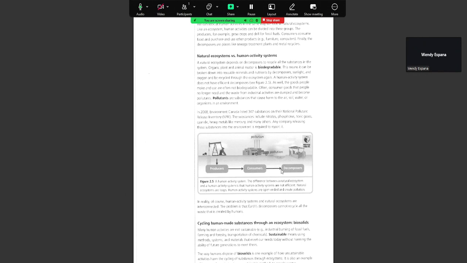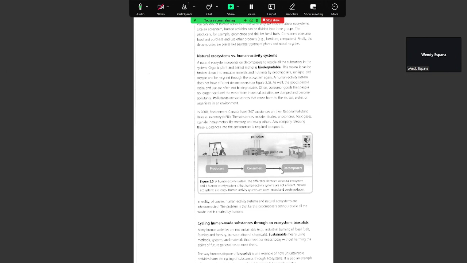So a natural ecosystem means that you have decomposers in the ecosystem and they recycle all the substances. So the plants and animals die. They are what's called biodegradable. That means decomposers can break it down and return it to the ecosystem again. Okay, so if something's biodegradable, it can be broken down by decomposers and returned and recycled through the ecosystem again.